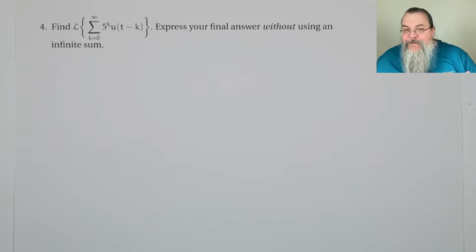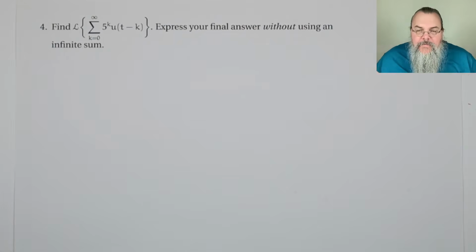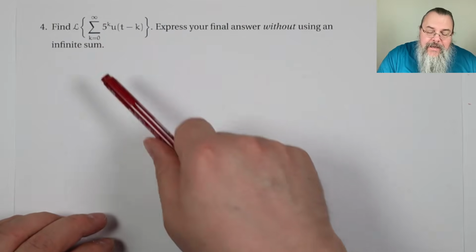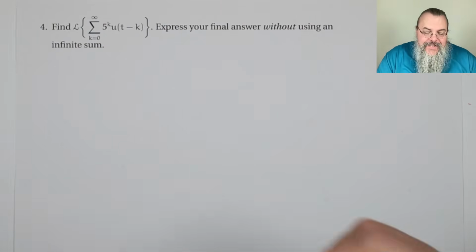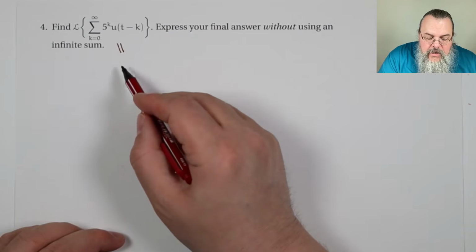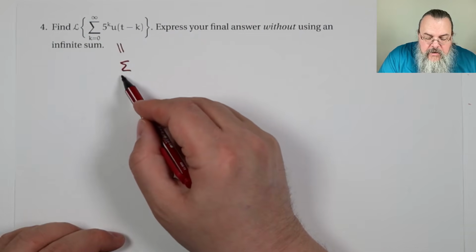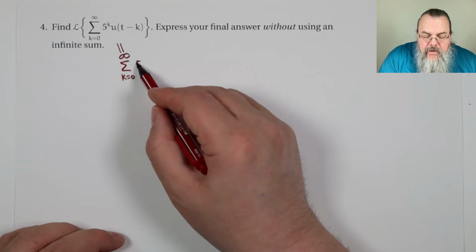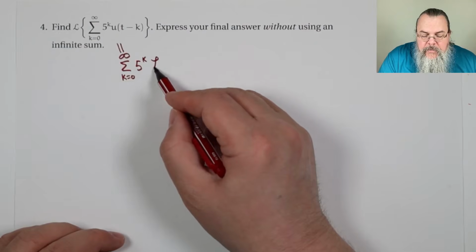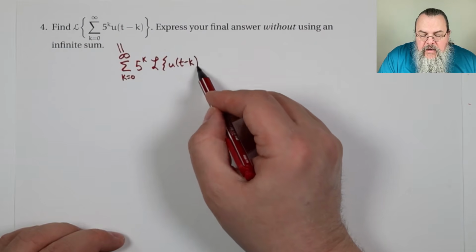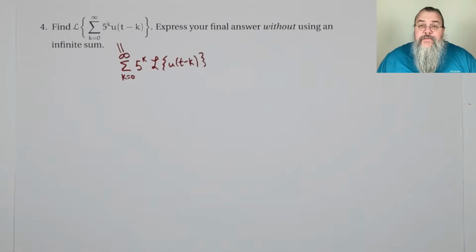All right, so what can we do? Well, just say, let me proceed, right? So I can use linearity. 5 to the k, that's a constant. Use linearity. So we say, all right, using our linearity, trusting the process, this becomes the sum, 0 to infinity, 5 to the k times the Laplace of u t minus k. All right, I trust the process.